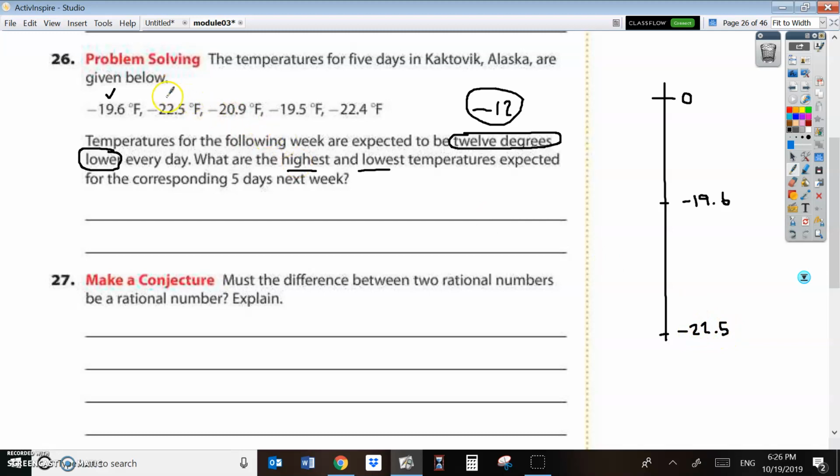Now negative 20.9 is going to be somewhere in between those two. Negative 19.5 is going to be here. And then negative 22.4 is going to be here.